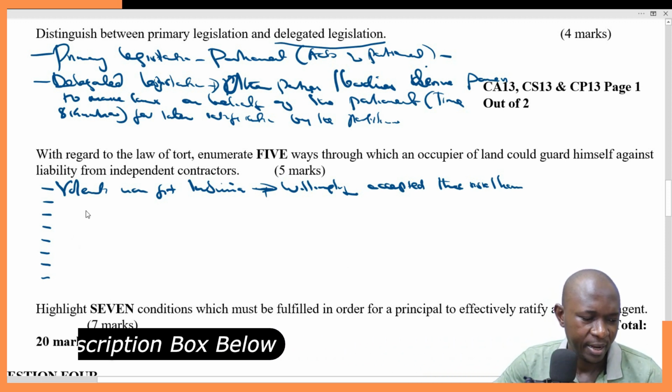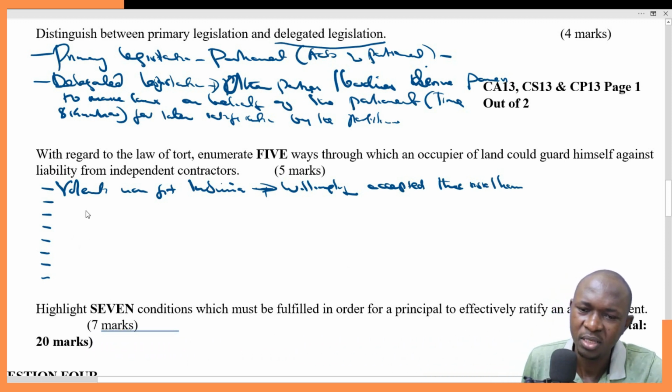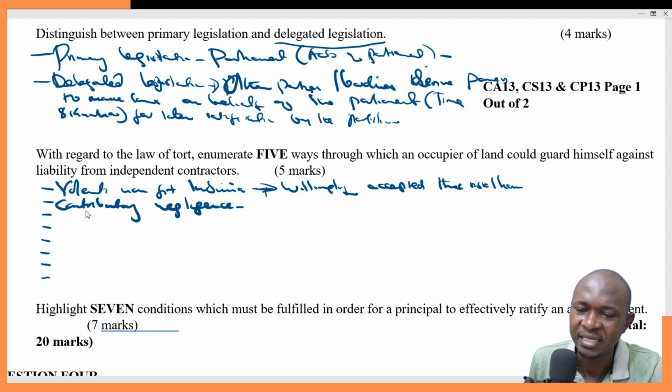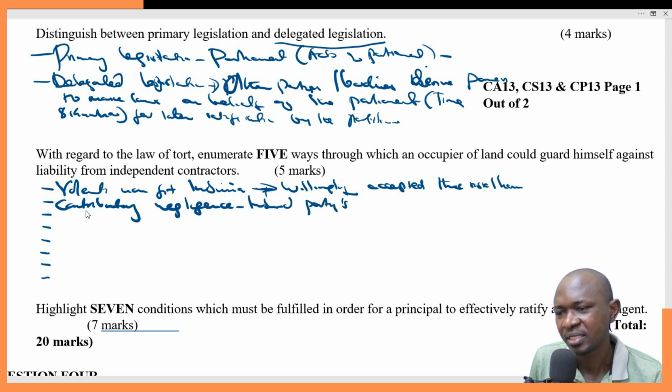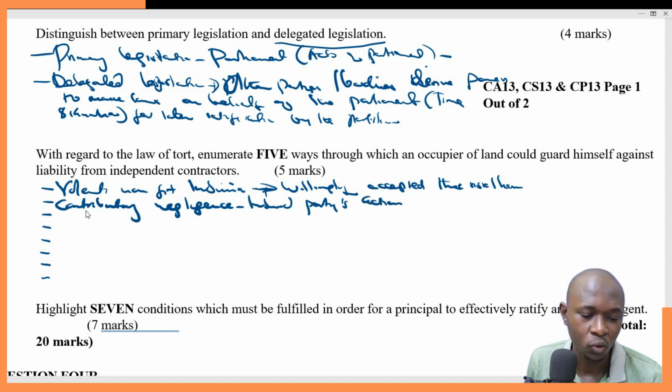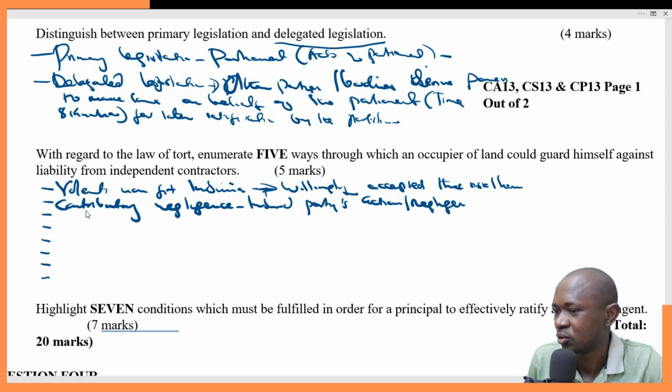The other argument that you can come up with is what we call contributory negligence. That yes, I might be having a problem also, but the injured party's actions also contributed, the injured party's actions or negligence contributed to the injury.